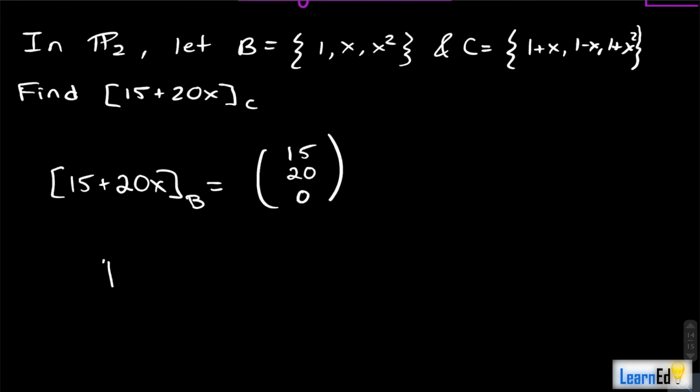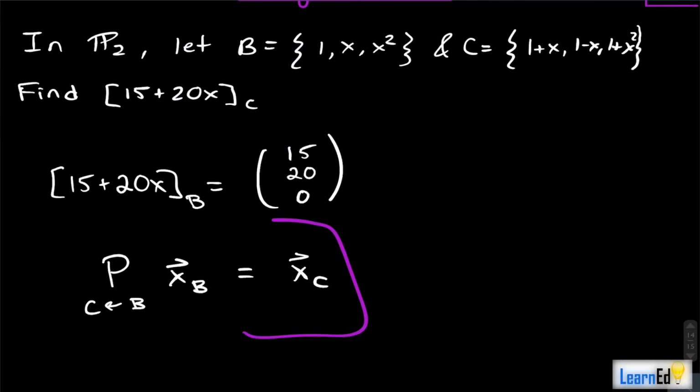Anyways, let's bring up that formula that we talked about in the change of coordinates section. We're going to have some change of coordinates matrix, changing coordinates relative to B to coordinates relative to C. We multiply that by a coordinate vector relative to B because we're changing it to a coordinate vector relative to C. That's an easy way to remember that.